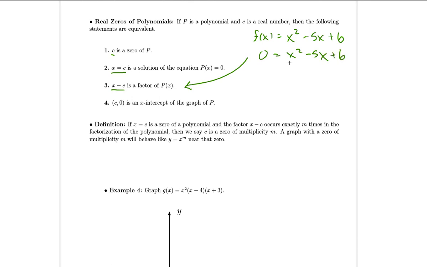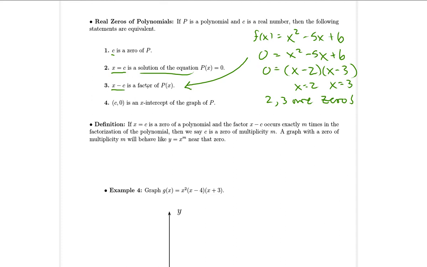That's what number 2 is saying. And you could solve this one pretty easily by factoring. x equals 2, x equals 3 are your solutions. So you can see it right here. 2 and 3 are zeros. So what does that mean? That means that x equals 2 and x equals 3 are solutions to that equation.